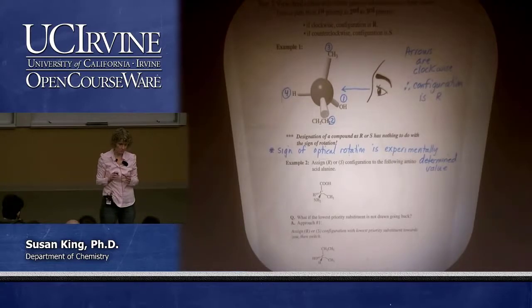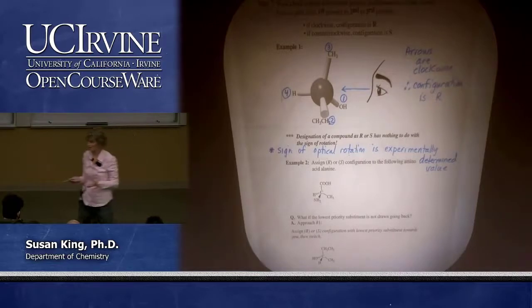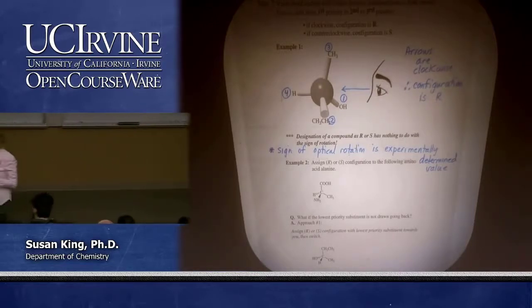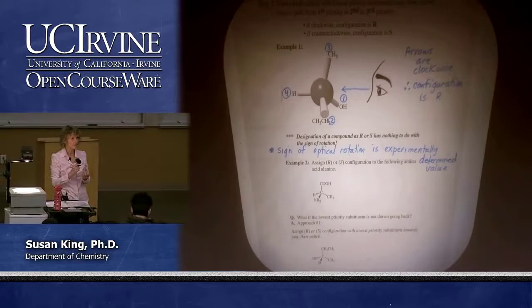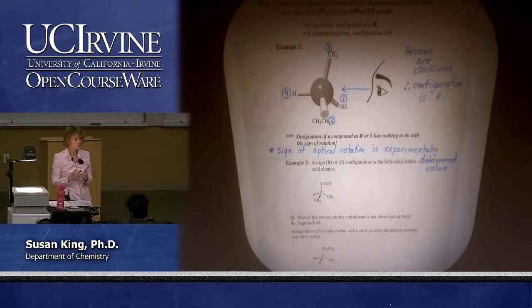And I'd have my models, and I'm like, okay, the red's going to be methyl, the blue's going to be ethyl, green's going to be iodine, this is going to be whatever, and then I would make the model, and I'm like, okay, whoa, what was the green? The methyl was the, you know what I'm saying? It takes too much time, and it's way too easy to make mistakes. So I'm going to give you some tricks that will make it so that you don't have to actually make a model to determine configuration.